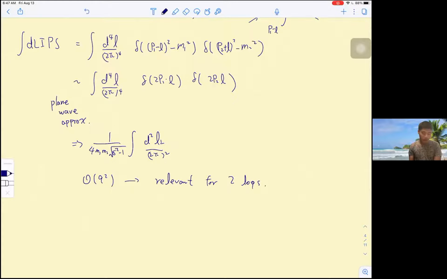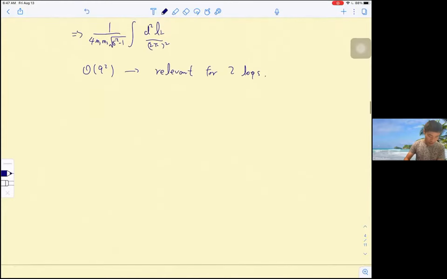Okay, so that's one way to do this phase space integral by brute force. Another way, which has already been explored in great detail, is to exploit conserved quantities. Of course the energy is conserved, but on top of that, the spin is also conserved.